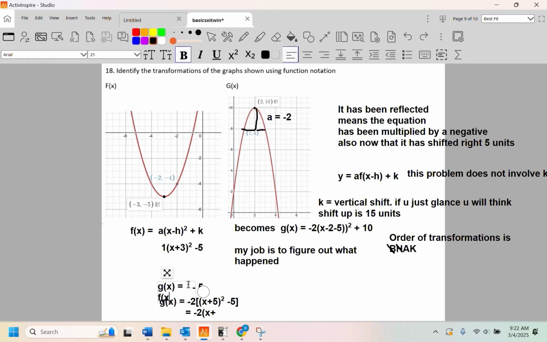This should say f of x plus 5, then -2. When I distribute that -2, what I have is -2 f of x plus 5, plus 10, because a negative times a negative is positive.